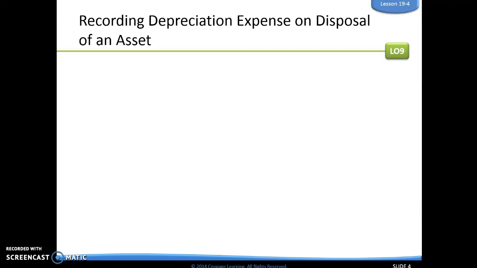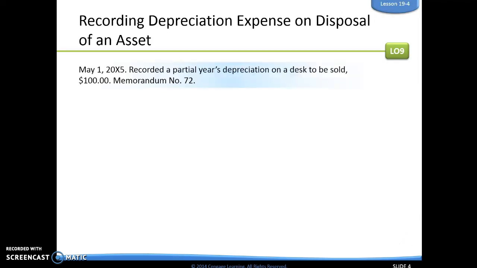We also need to record the depreciation expense. So it says on May 1st, year 5, we recorded a partial year's depreciation on a desk that we're selling. It hasn't depreciated for that full year, but we still have to record the depreciation for as long as we've owned it. So we're using memorandum number 72. We figured out the depreciation to be $100.